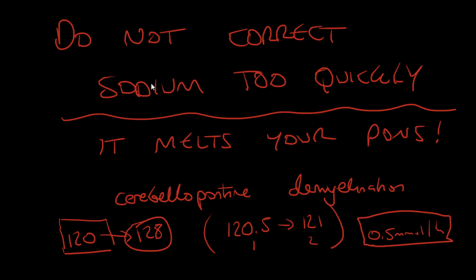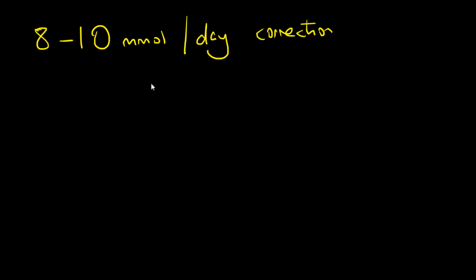But if you go to the website propathology.com and look at the resource section, there is an IV fluid protocol algorithm that we wrote for International Fluid Academy, so you can find that there. But an 8 to 10 millimoles per day correction means bringing your sodium from 120 to 128 or 130 in a 24-hour period.